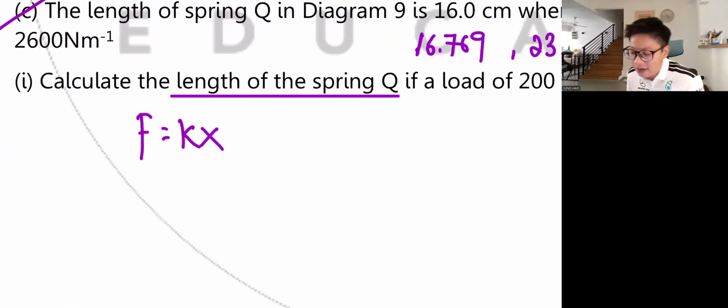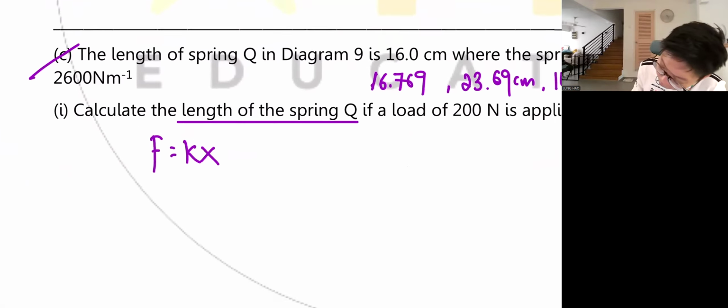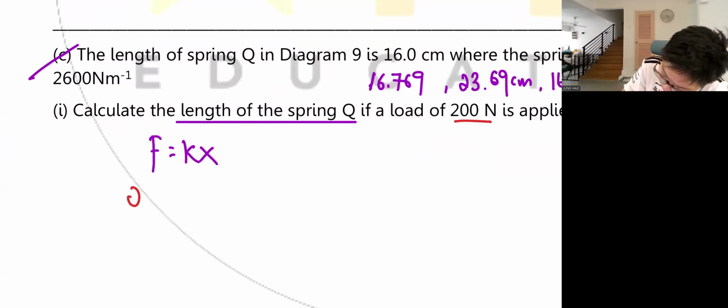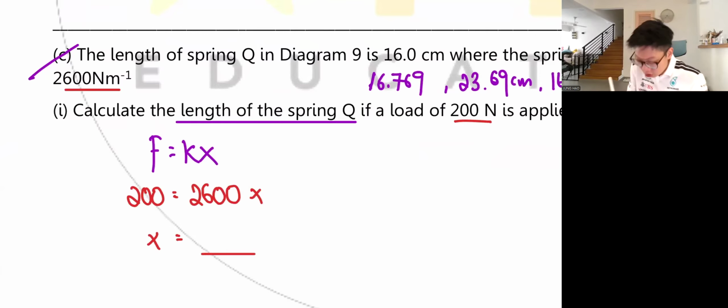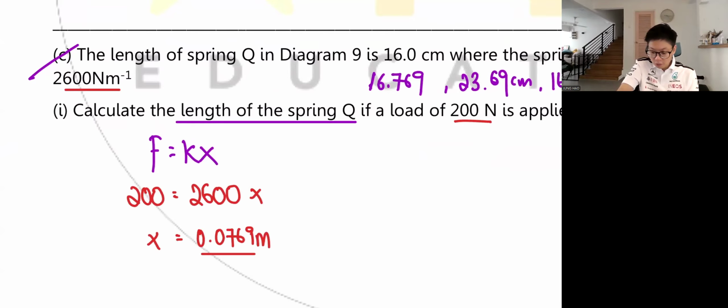Okay, now the length of spring Q. We know that the force of 200 newtons is applied. K is in newton per meter, so therefore this is 2600 x. So guys, what is my x? When I press this into the calculator, it's 200 divided by 2600. My answer will come out to be 0.0769 meter. How do I know? Because it is in meter. You can see they give you meter, right?